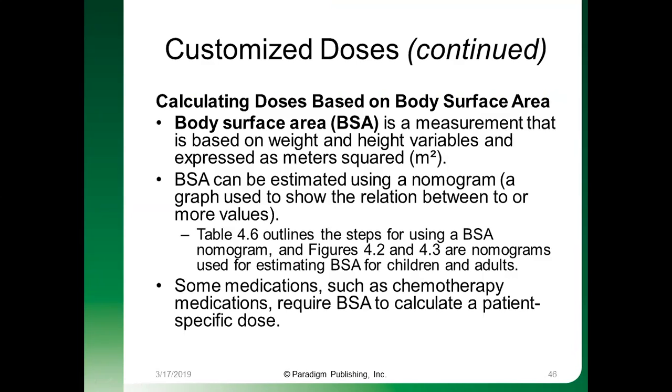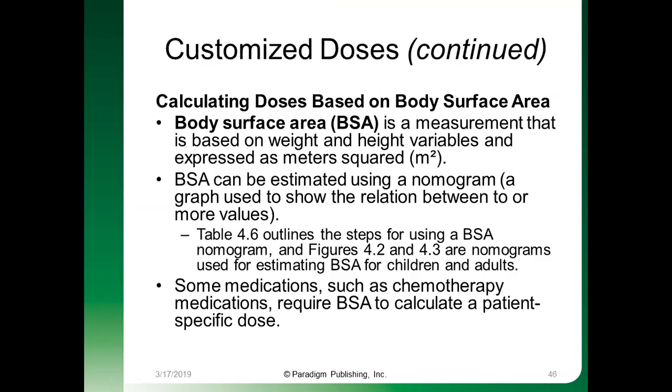Calculating dose based on body surface area. Body surface area is the measurement that is based on the patient's weight and height, and expressed as meters squared, m to the second.